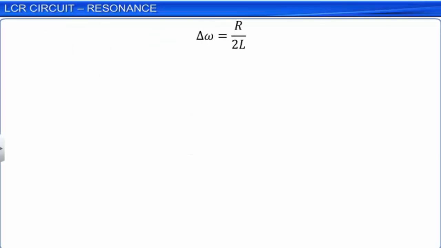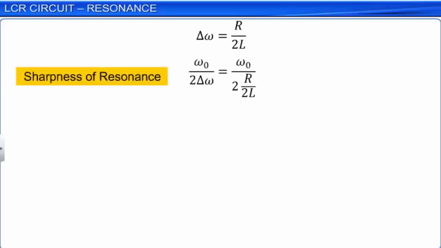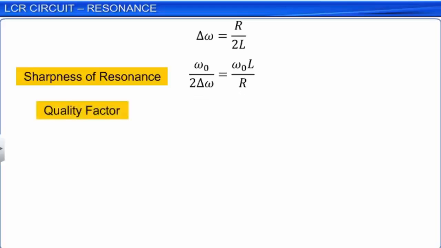Using the value of delta omega obtained, the sharpness of the resonance, omega naught by 2 delta omega, can now be written as equal to omega naught L by R. This is also referred to as the quality factor Q of the circuit.